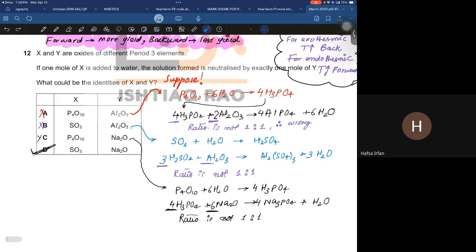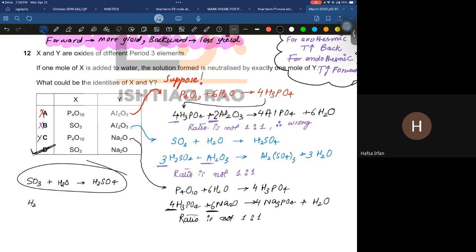SO3 is going to react with water. So it would be forming what? H2SO4. And then what you have to do in this question: if it would be forming sulfuric acid, is this equation balanced? 4 oxygen, 2 hydrogen, 2 hydrogen, 1 sulfur, 1 sulfur.